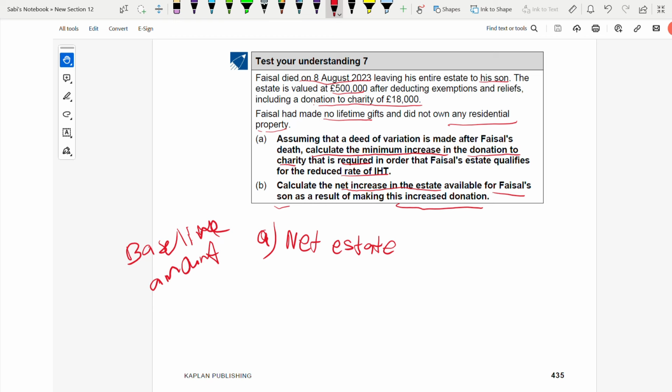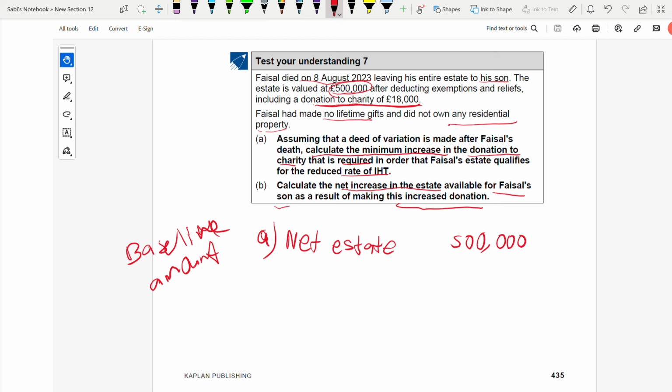That means after you have taken the charitable legacy into the picture. What is it? 500,000. Remember, they told us the estate is valued at 500,000 after deducting exemptions and reliefs, including a donation to charity. It is already included. After they have done everything, the estate is 500,000. You start from here. This is the first point.